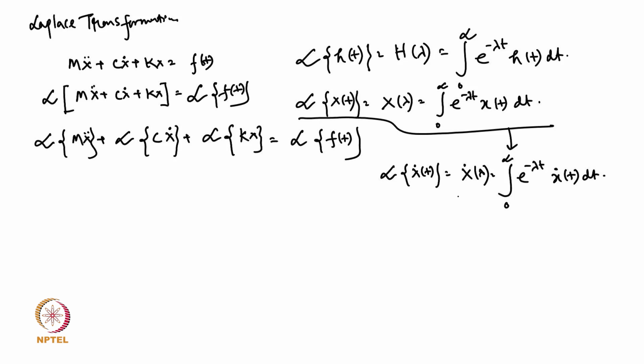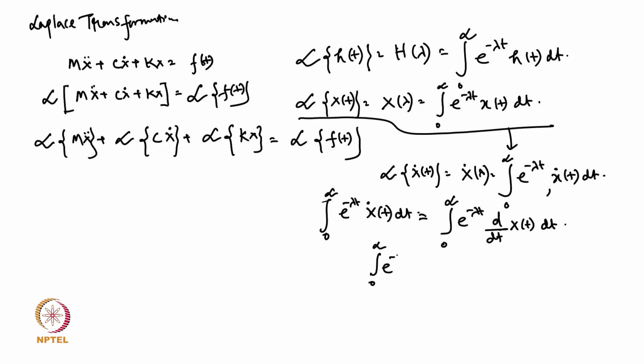If we write it further, x dot t can be d/dt of x t. So can I write e to the power of minus lambda t into dx t?